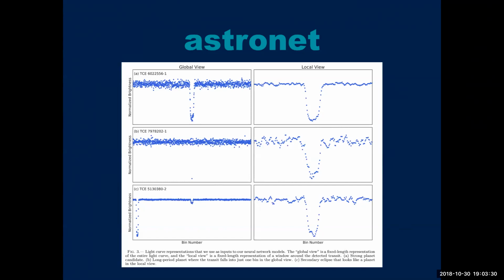Yeah, this is a paper from May, I'm going to say, or so. It's called Astronet. This is more like traditional TensorFlow as opposed to TensorFlow.js, but I thought this was a cool paper. The top two columns are what a light curve from an ideal star would look like.